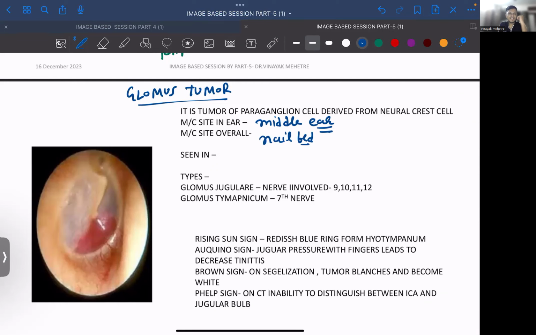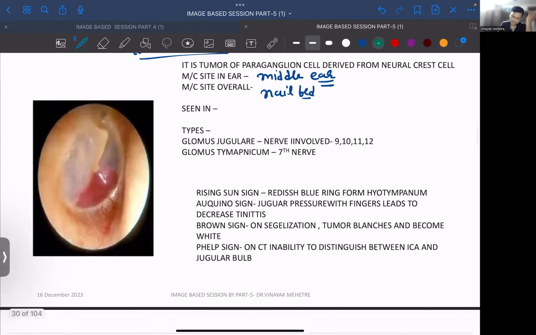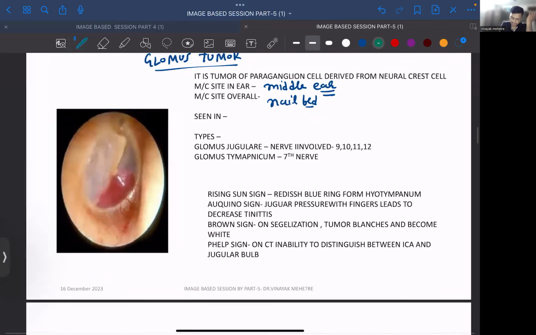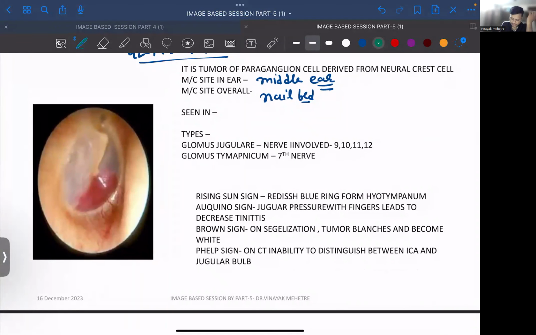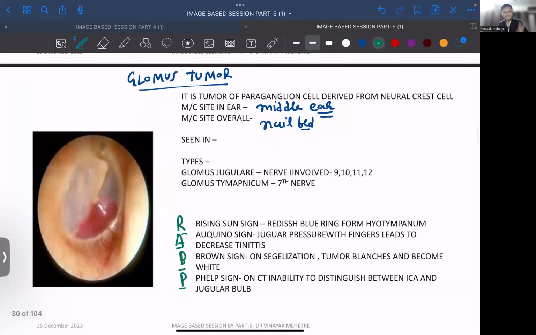There are so many signs named in the ENT. You can remember glomus tumor signs by using one mnemonic: Right atrial BP, RABP. Okay. There was a famous question.